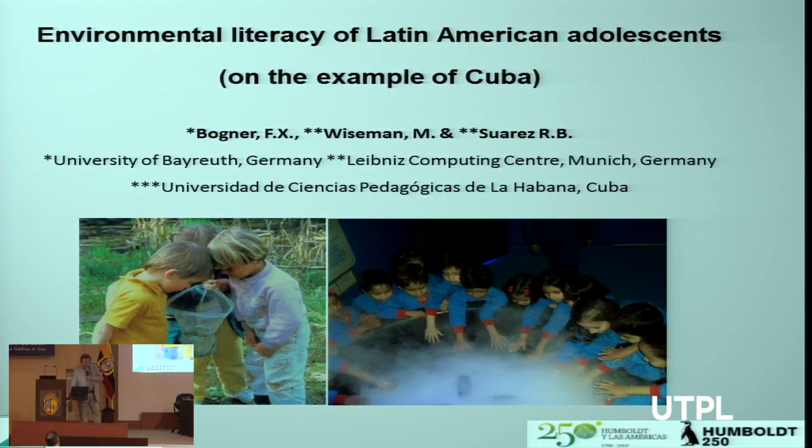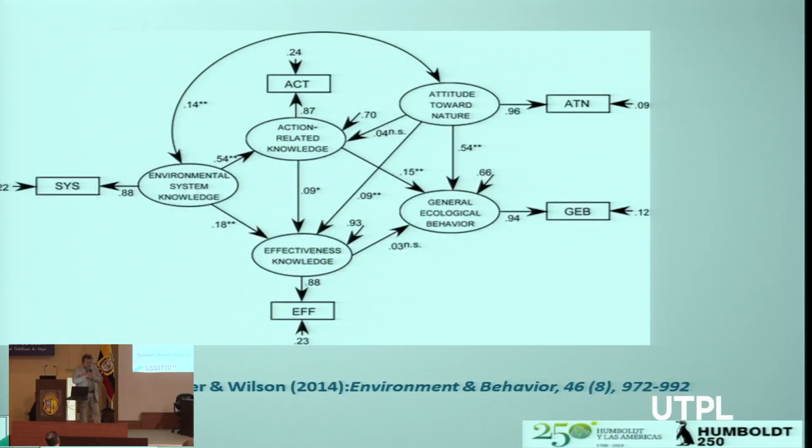Normally you start with a very easy slide, and then you make it even more complex until you finalize your talk. I would like to do it the other way around. It means I start with a model, the model of how to measure environmental literacy.